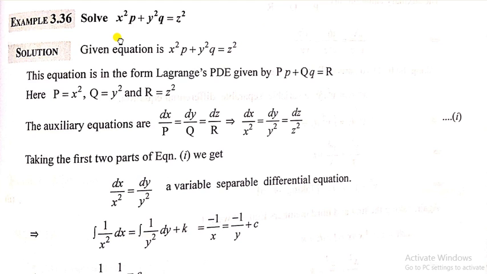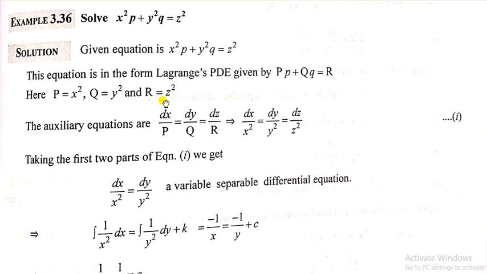First example, solve x square into small p plus y square into small q is equal to z square. So here the given equation is in the form of Pp plus Qq is equal to R. So capital P is x square, capital Q is y square, capital R is z square.